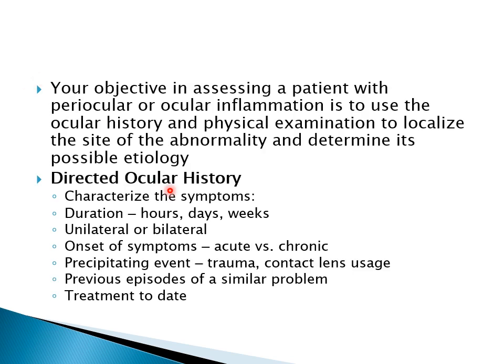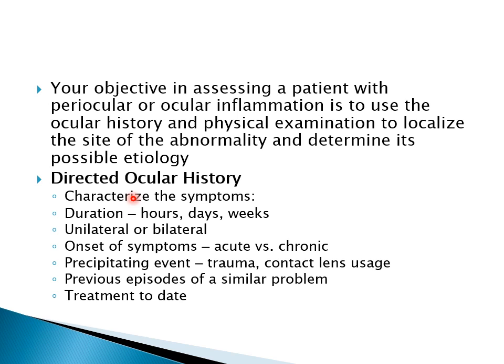It's very important to take good history and perform physical examination to localize the abnormality and determine the pathology. For example, the history might help us in characterizing the disease of the patient.